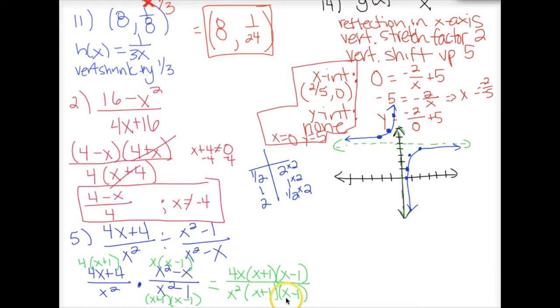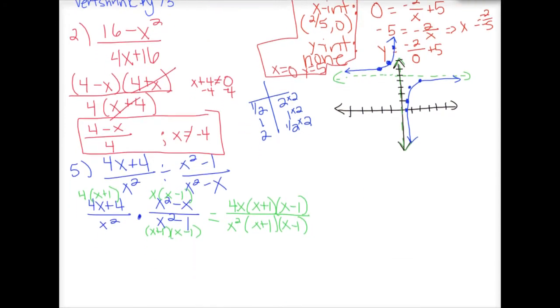Now, identifying restrictions. Again, if you like to wait till the end, I'm okay with that. However, you have to remember at the end not to look at the final answer. Look at the step where everything is still there before you cancel and it's factored. So my restrictions here, I know that x cannot be 0 because that would make this part 0.